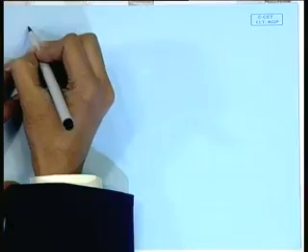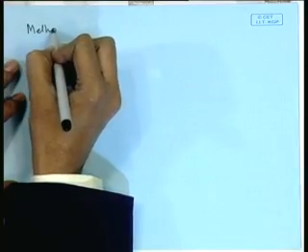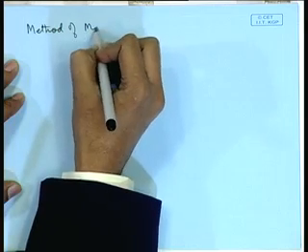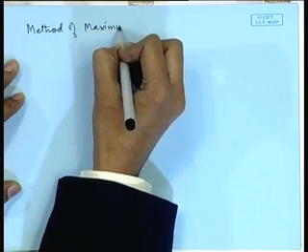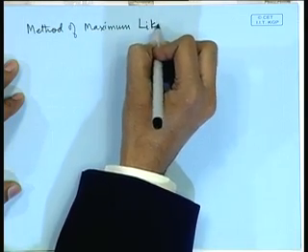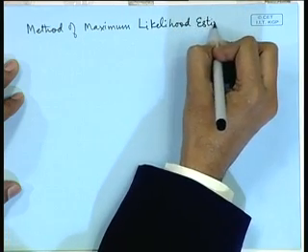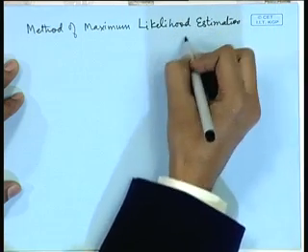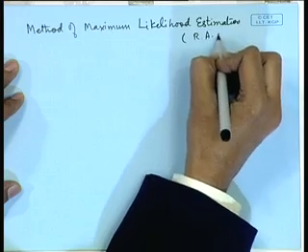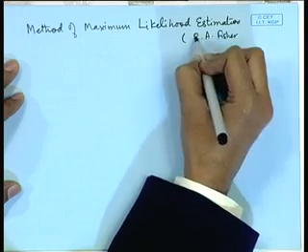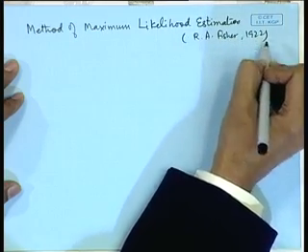Another method of estimation that was introduced in the first half of the 20th century is the method of maximum likelihood estimation. This was introduced by R.A. Fisher in 1922.